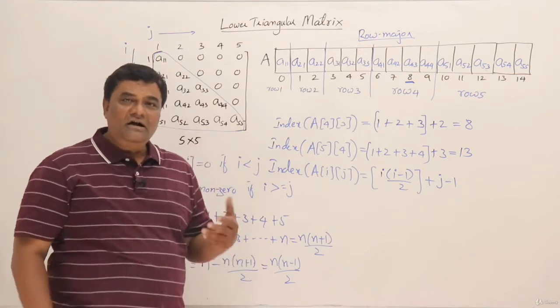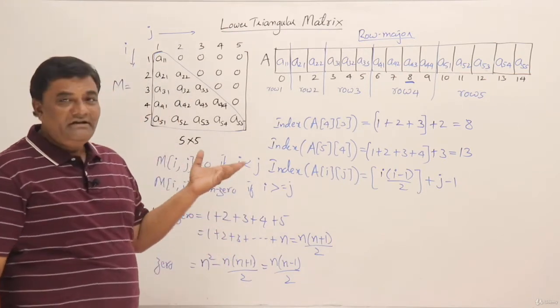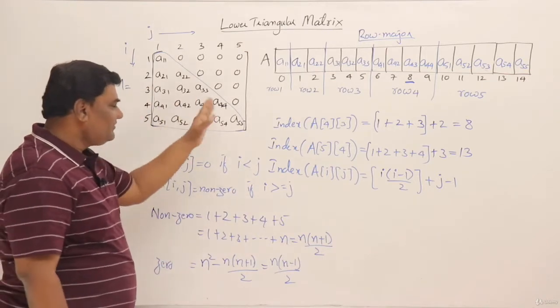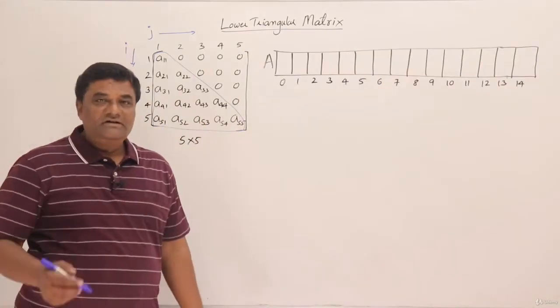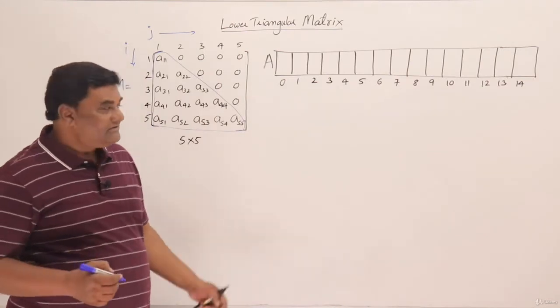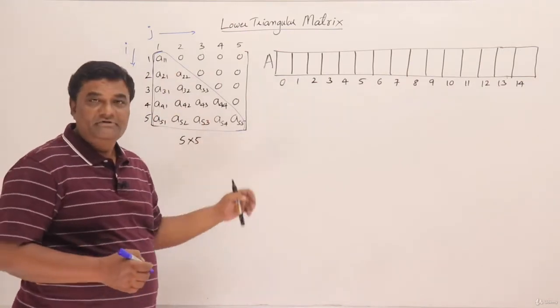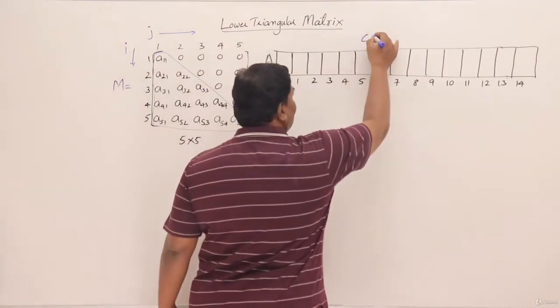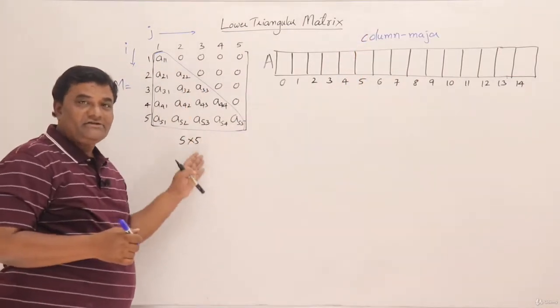Now let us see how we can represent them in column major, that is, if I am storing the elements column by column. Now let us look at column major formula and store the elements column by column in this single dimension array. So I'll fill the elements column by column.